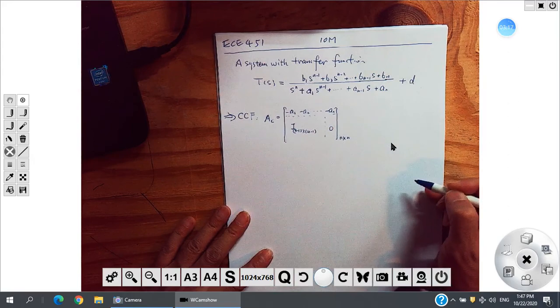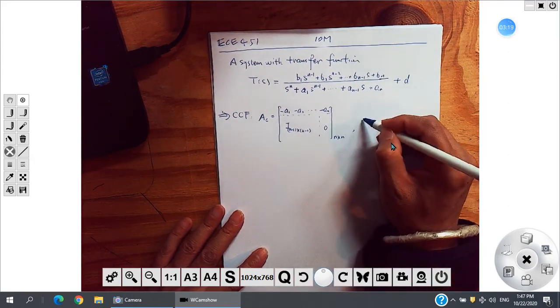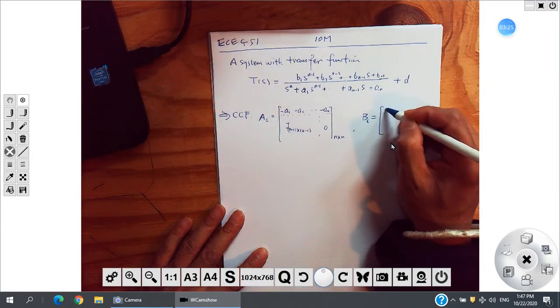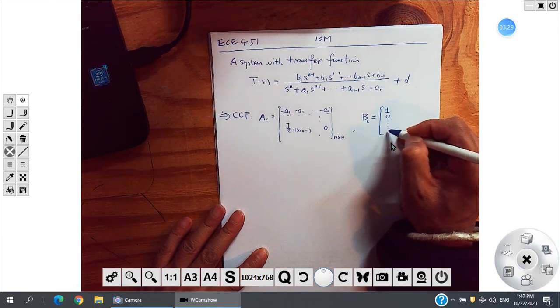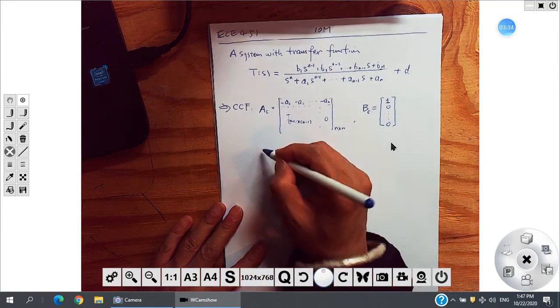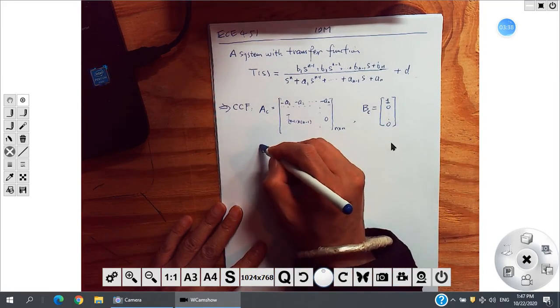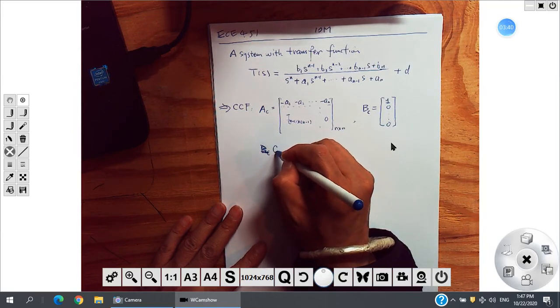So this is AC. And the B for the CCF controllable form is a vector. The first element is 1, then all the rest values are 0. Alright. And CC.